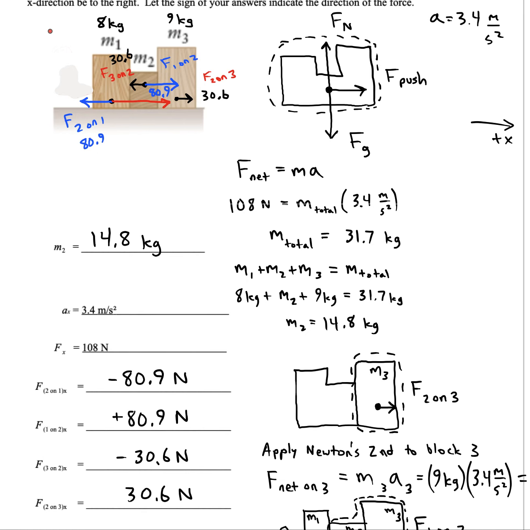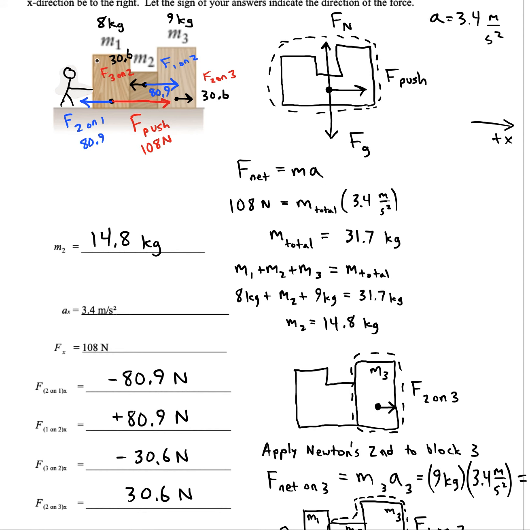So let's just say it's a person out here pushing on the blocks. Then they're applying what's called force of push, or you could call it force of person on block 1. How big is that push? Apparently it is 108 newtons.